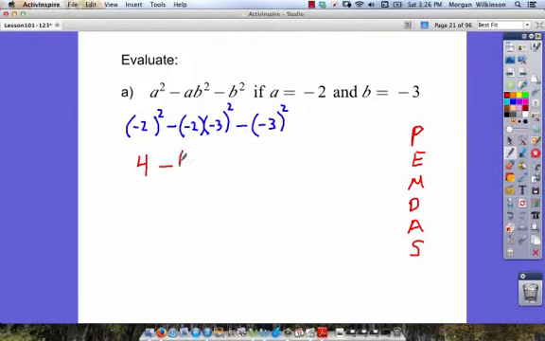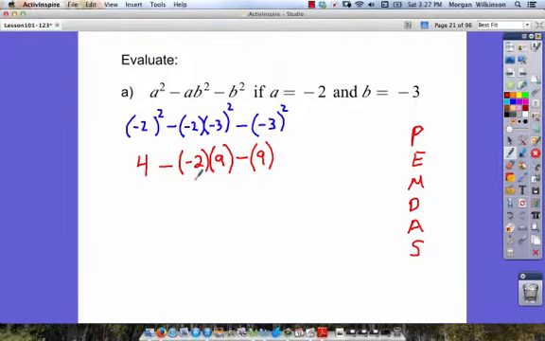Minus, then we have negative 2 times (-3)². We have to do the exponent first before we do the multiplication, because exponents come before multiply and divide. So (-3)² is negative 3 times negative 3. That must be positive 9. Minus, then we have (-3)² again. That must be positive 9 again.